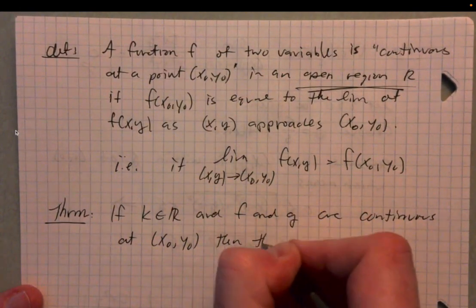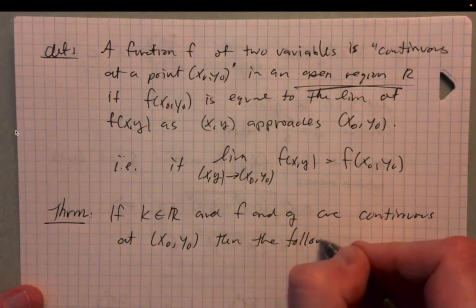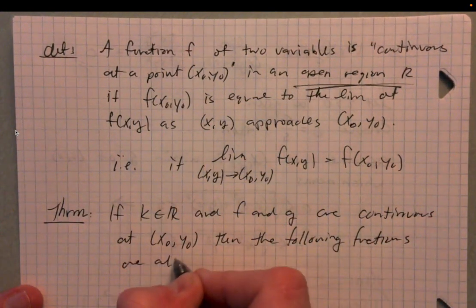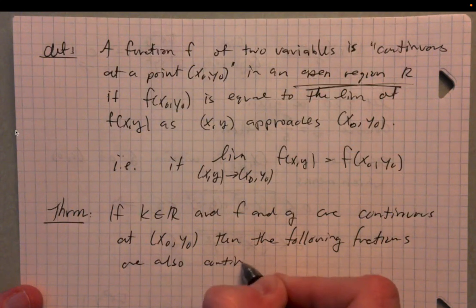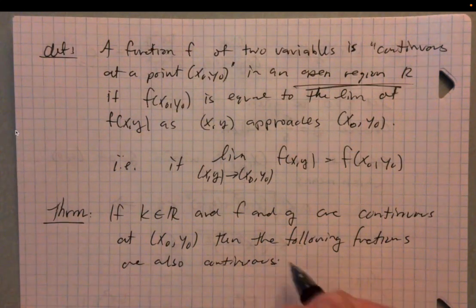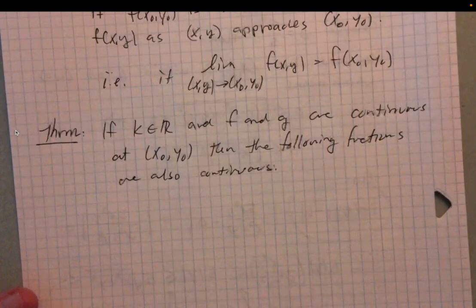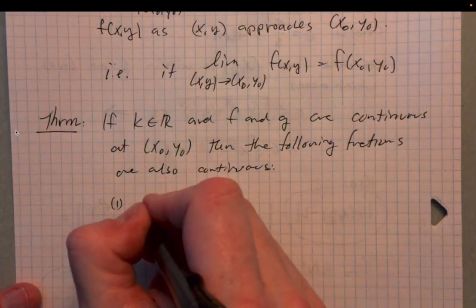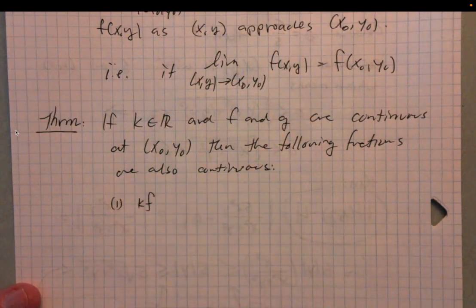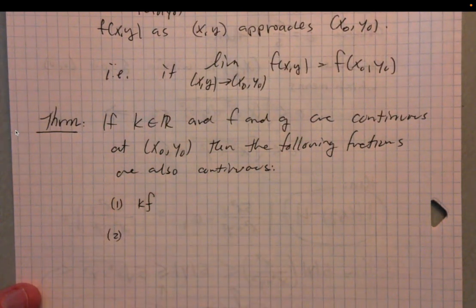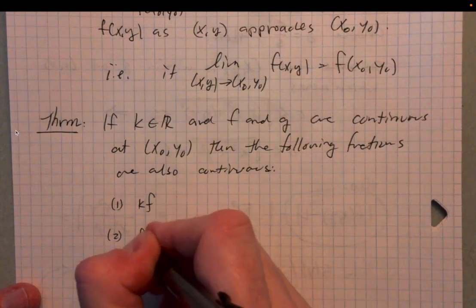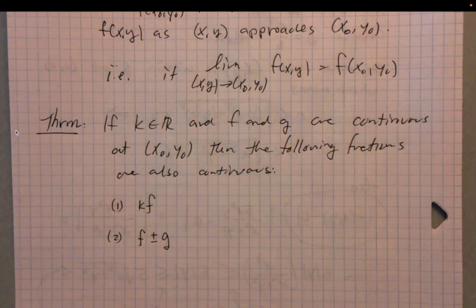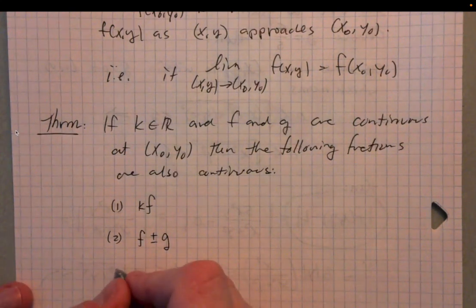Then the following functions are also continuous: the scalar product k times the function f, the sum or the difference of the functions f and g, and the product of the functions.